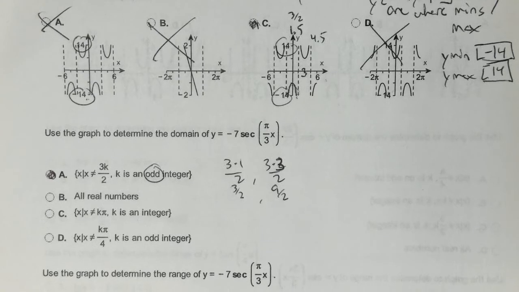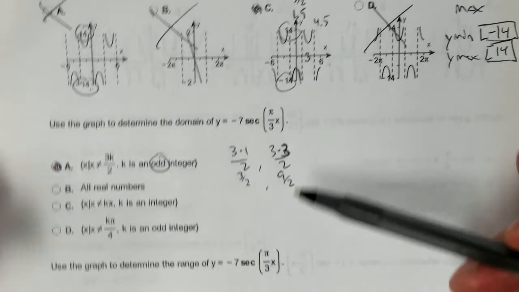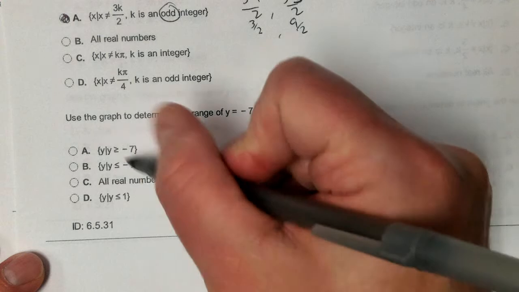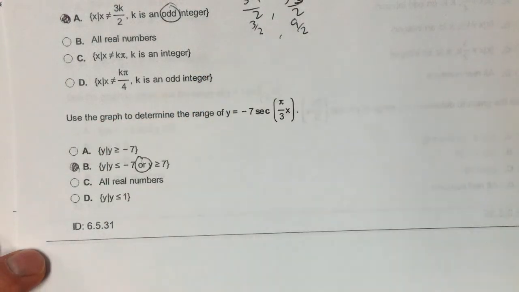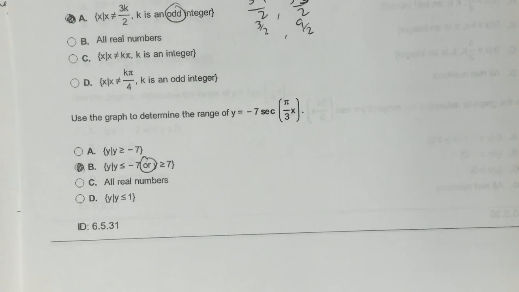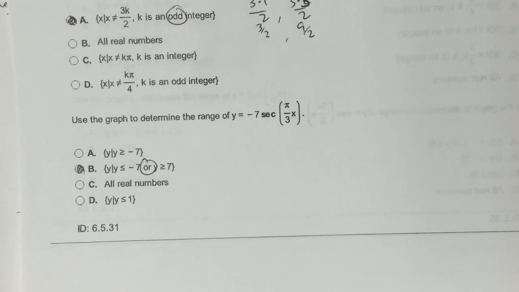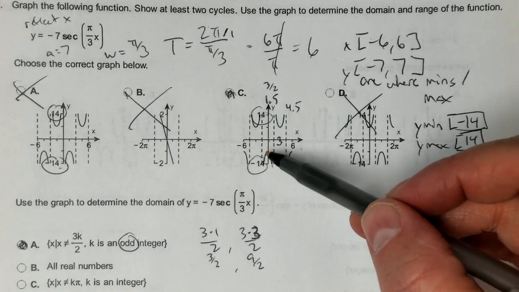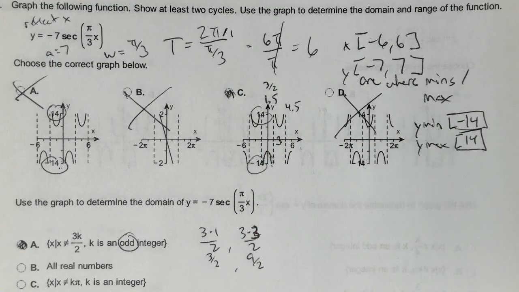Okay, then for your range, if it's cosecant or secant, it's going to be the OR. So it's B. So below -7 and above 7.